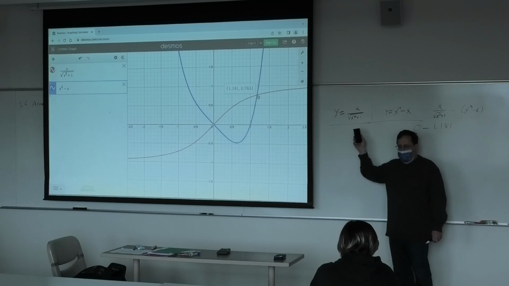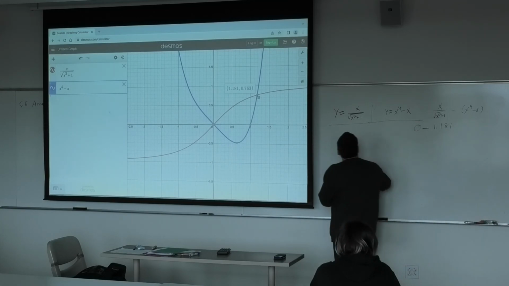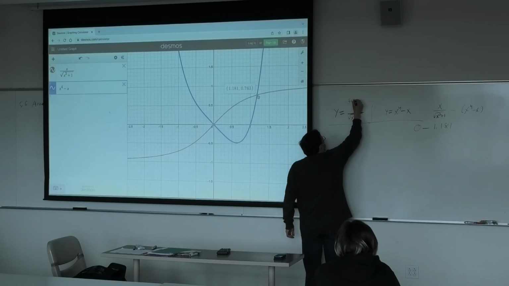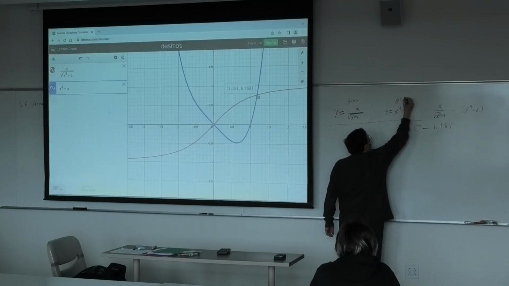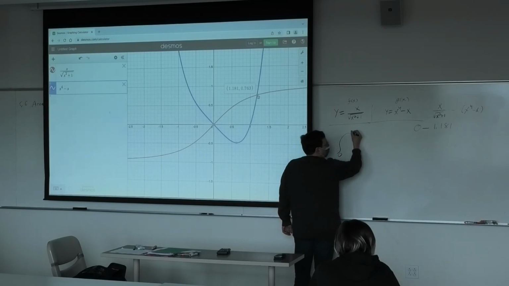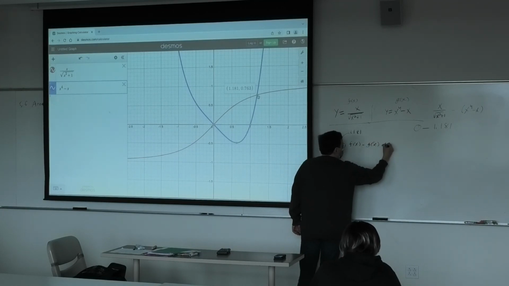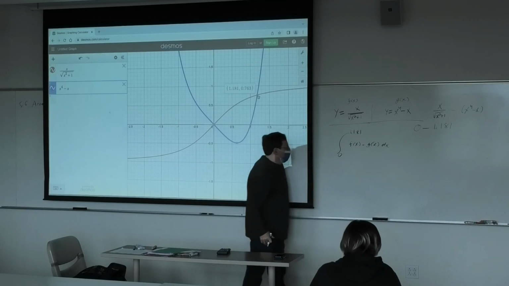We could do both of these. This is f of x, this is g of x. We certainly could do the integral from 0 to 1.181 of f of x minus g of x. We could do that analytically, but why? We're not going to get an exact number anyway.